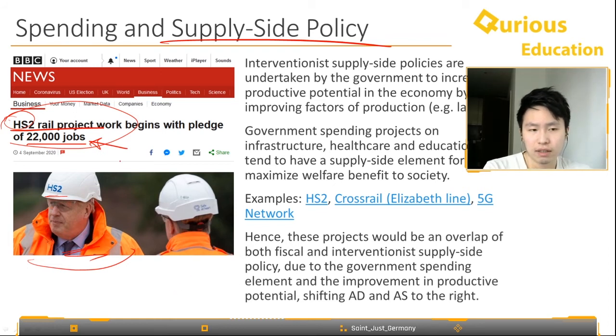Thus, it would shift out aggregate supply as well. So just be careful whenever you're dealing with government spending on infrastructure or on education. You can interpret it both as a supply side policy, but also as a demand side policy.